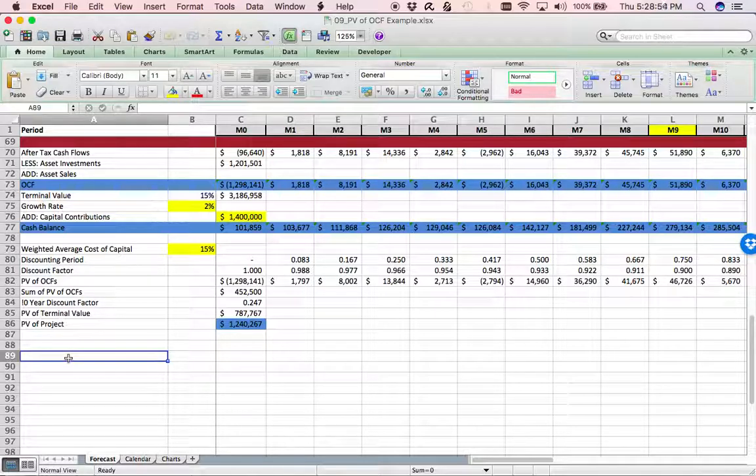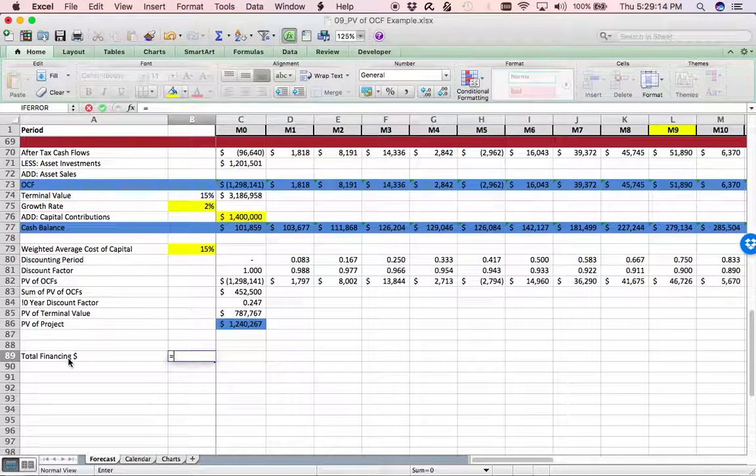First, I'm going to try to capture some of the information we know above, and some of the assumptions we have, and then walk through the process I described. So, the total financing dollars that we need to raise is just equal to the capital contributions.